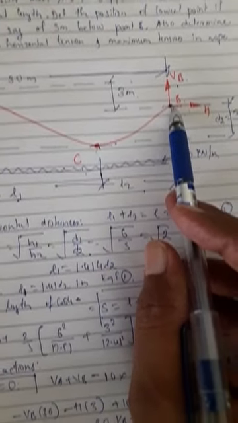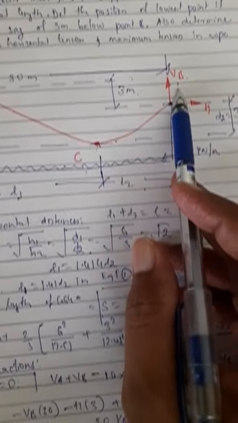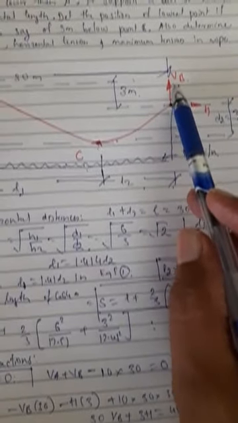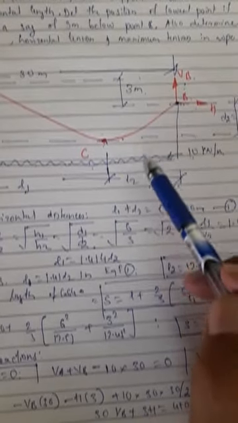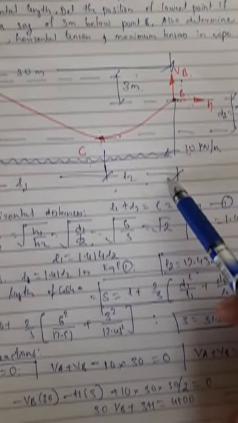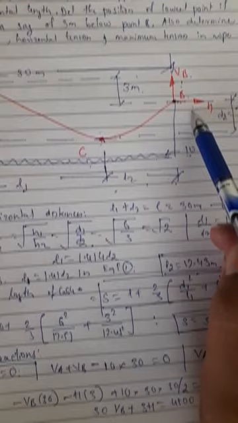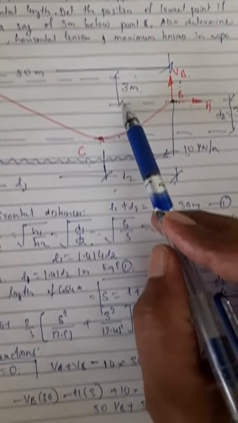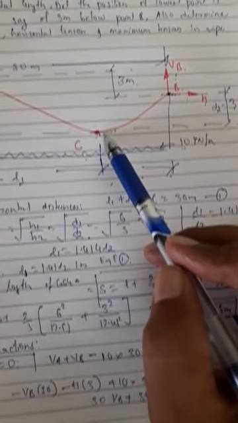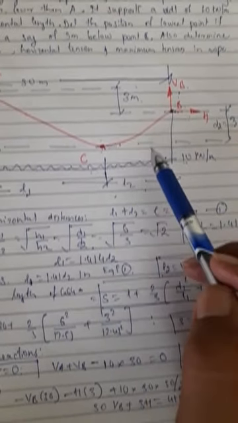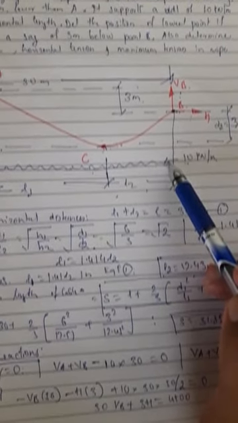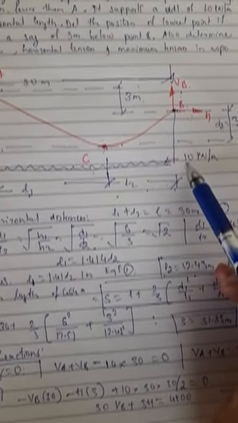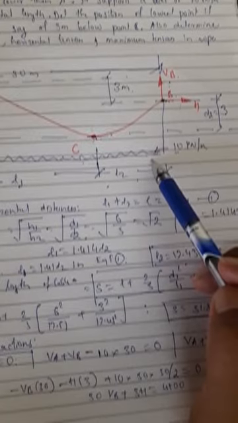Clockwise is positive. So VB will be a negative moment because VB produces anticlockwise, VB into perpendicular distance L2. Next, H produces clockwise, plus H into perpendicular distance from here to here, it is 3 meters, H into 3. Then the UDL, this L2 part, load into span into CG, 10 into L2 into L2 by 2.